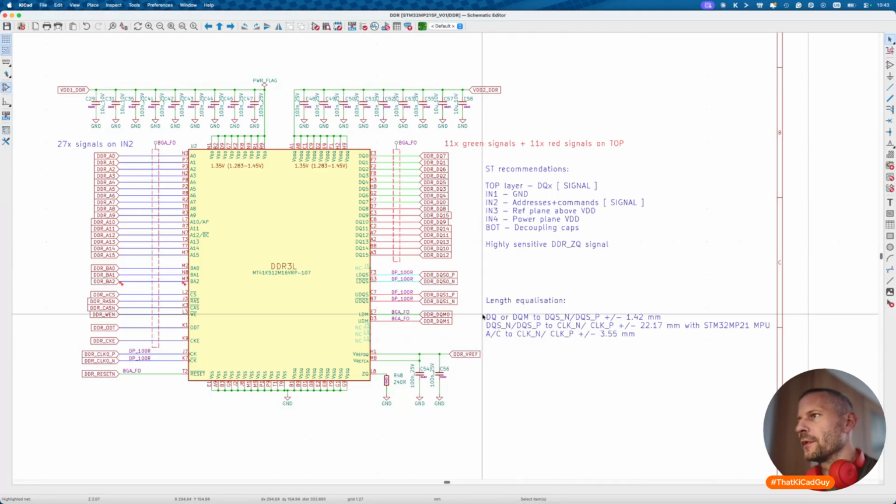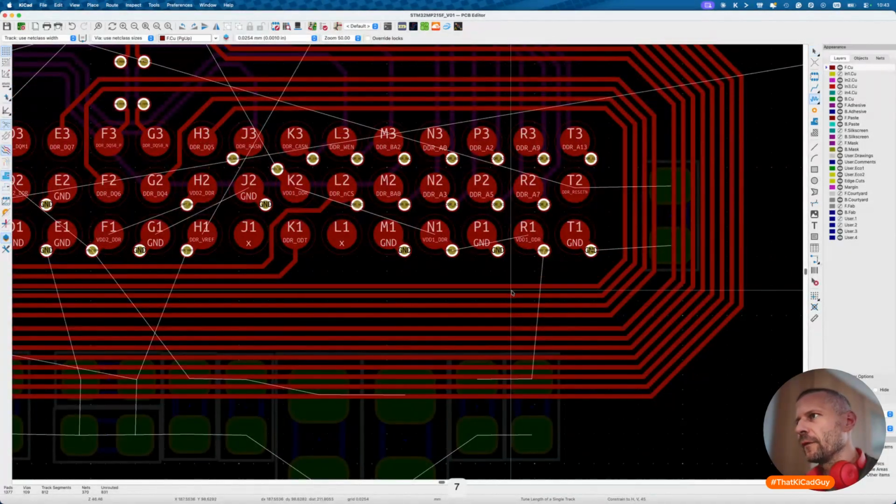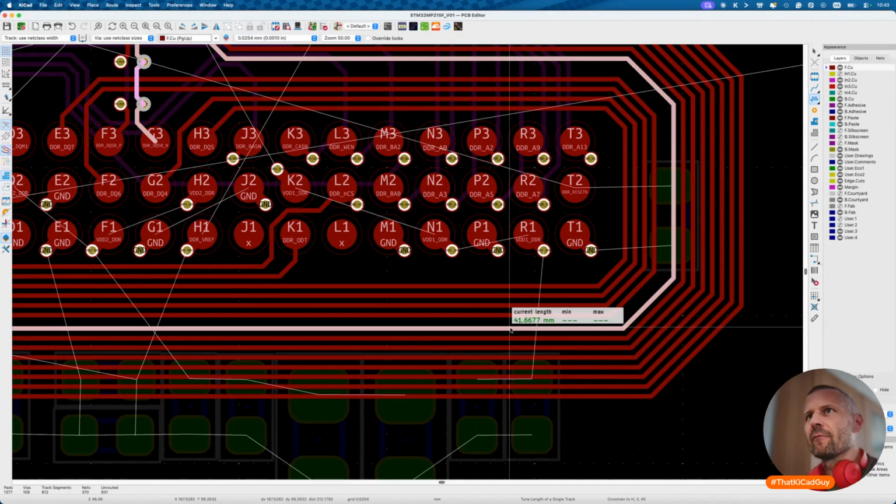Yeah, both DQ and DQS and or P groups must be tightly length tuned, rather tightly. We need to length tune these, definitely.